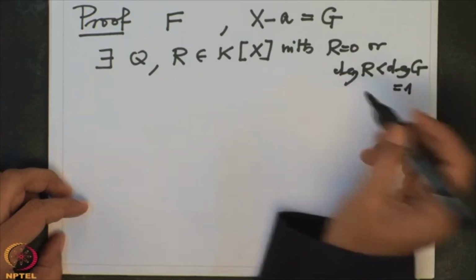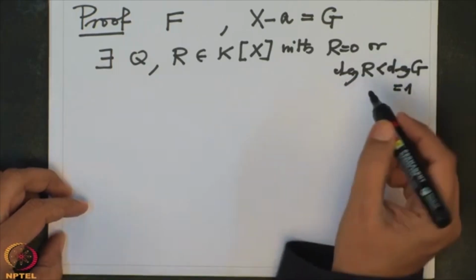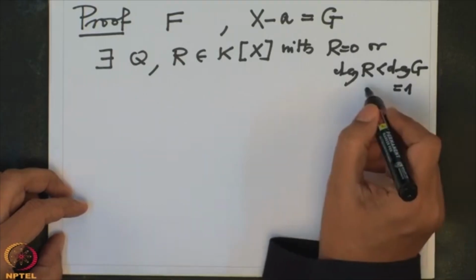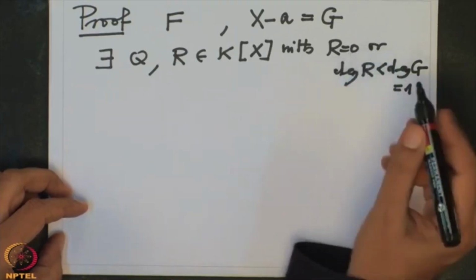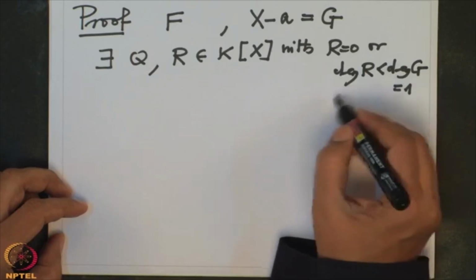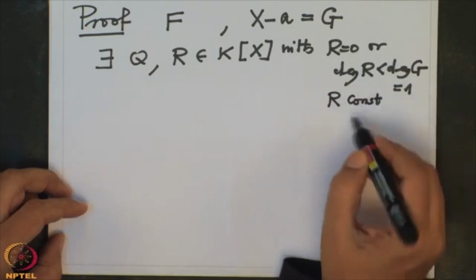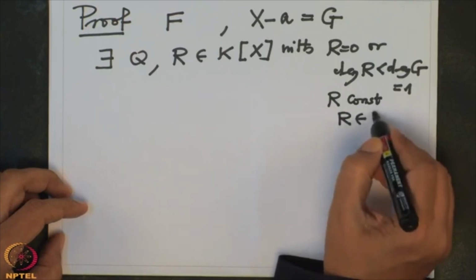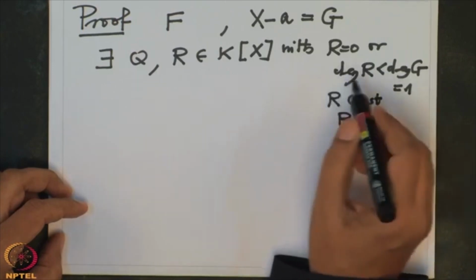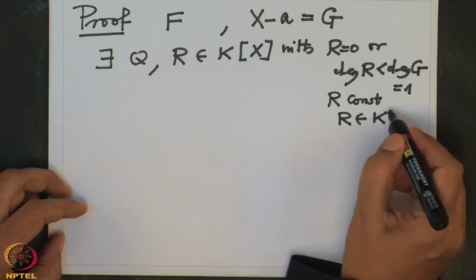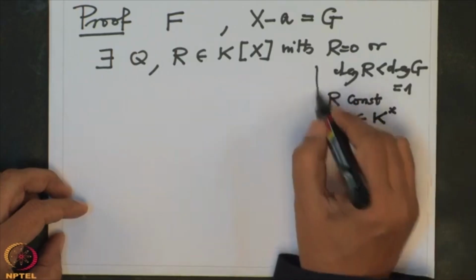So this r has to have, the only possibility is r is a constant polynomial or r is 0. So this whole thing means r is constant. That means r is an element in k cross actually, strictly speaking, right?